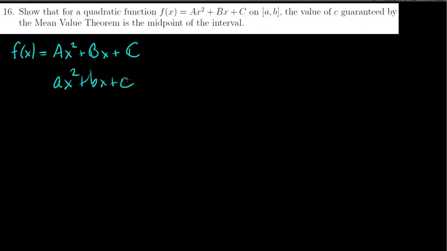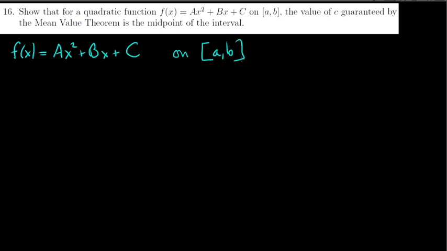But we're going to use little a, little b, and little c for other numbers. So we have to use capital A, B, and C for the coefficients of the quadratic function. Our interval is from little a to little b, and already you can see why we can't use little a and little b here, because they may not be the same numbers.